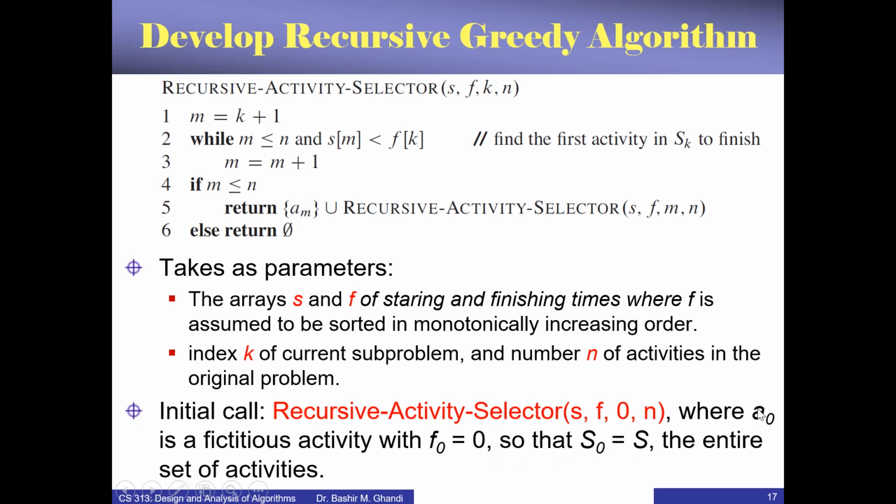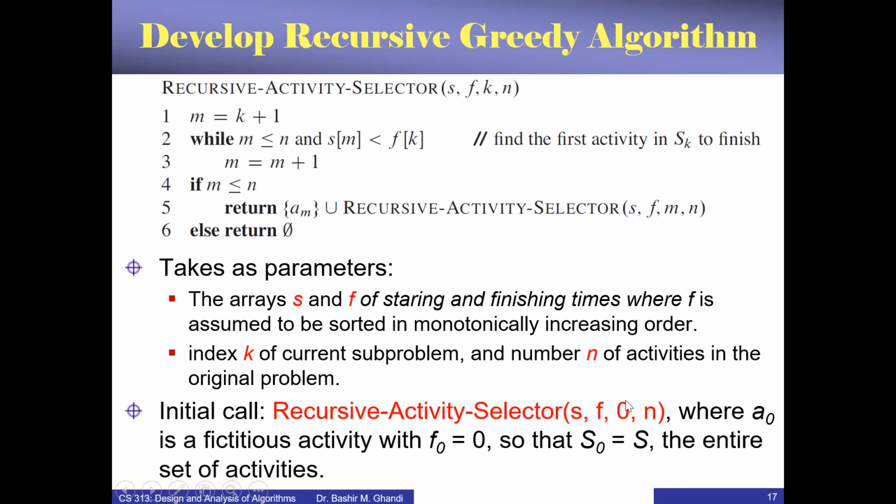If you assume there is some fictional activity A naught, then you can divide the problem S into A naught and S naught, where S naught is the whole set S that you are trying to solve. I hope that makes sense. If you can solve this problem S, it means we have solved the original problem.